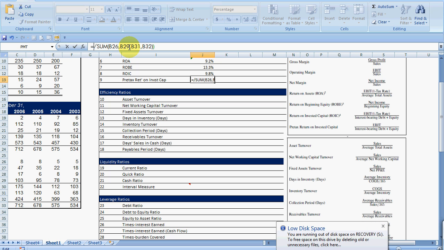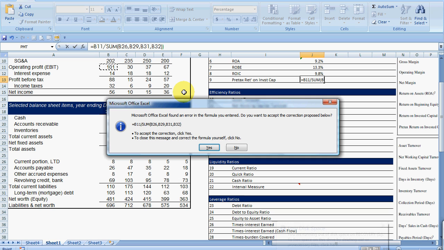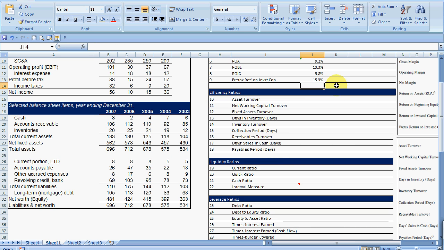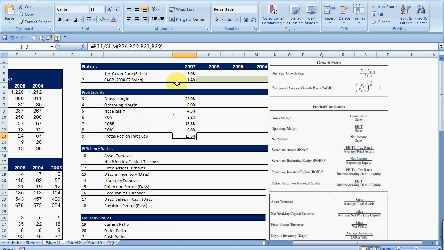And now all we have to do is go in and push the equal sign to start up the formula, insert our EBIT, right? And there we have it, 15.3%. And we could have gone back and just done that one at a time, right? I'm just showing you a couple of time-saving tricks. I mean, the formula is the same, it's just how we enter the formula into the bar, okay?